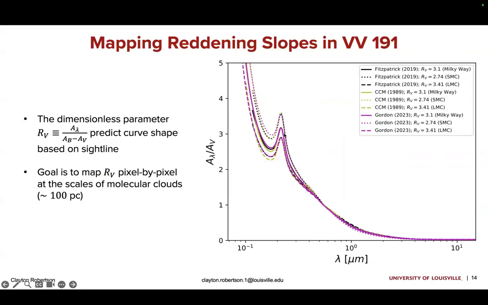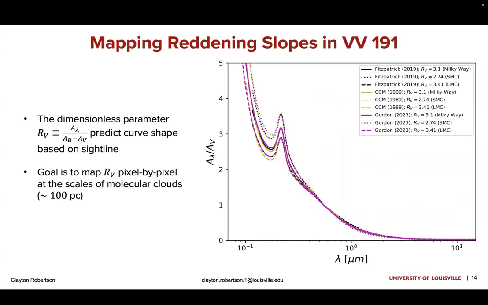Again, these reddening slopes are very important for how the shape of the attenuation curve is used, right? The shape of the attenuation curve is dependent on RV whenever you have widely used attenuation curves that are parameter dependent, which most of them are.